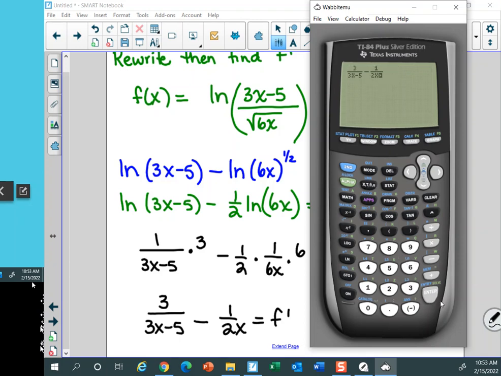Okay, so the value of that derivative at 1 is -2. That's actually a very pretty answer.